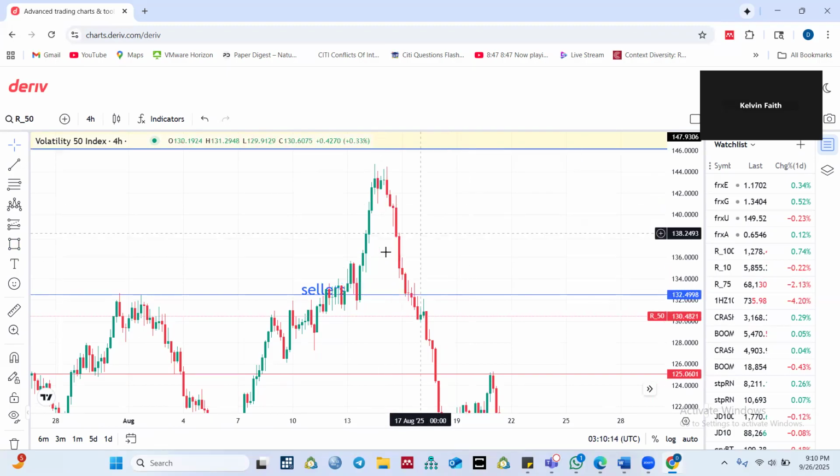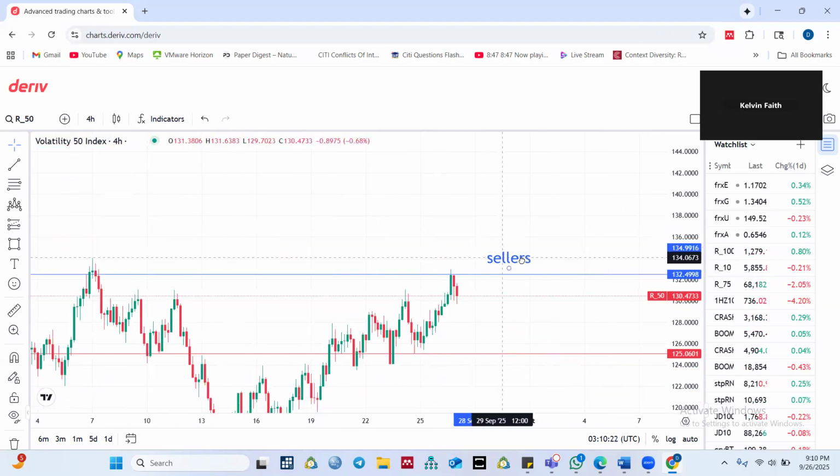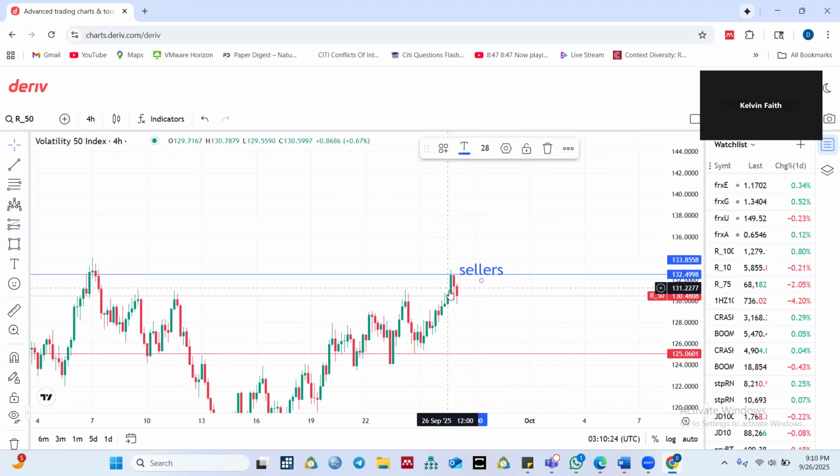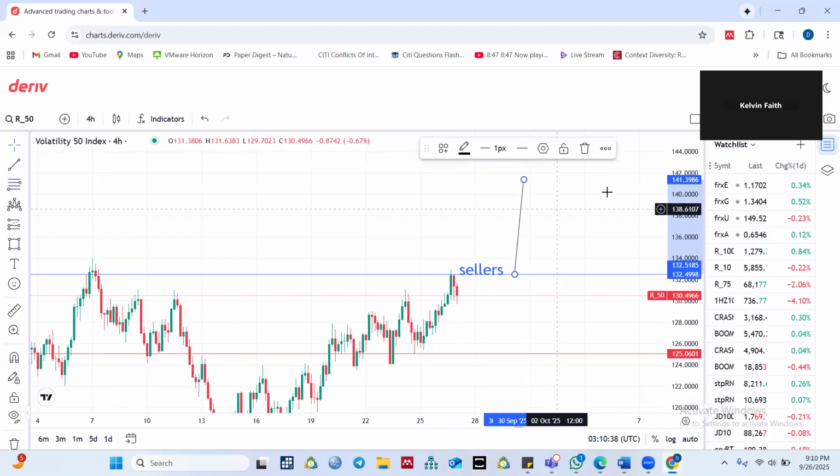That is the only time that this place will fail to hold or push price down. So the next bullish candle should have moved up to close above this blue line, and we might then retest and get a buy to the upside.